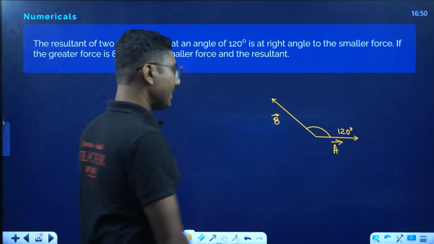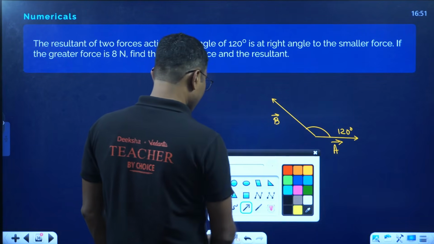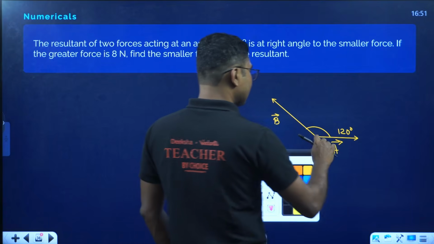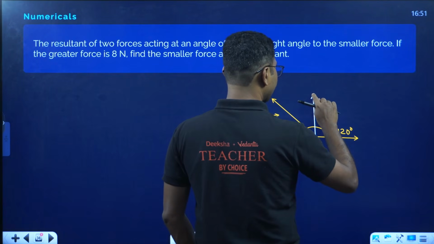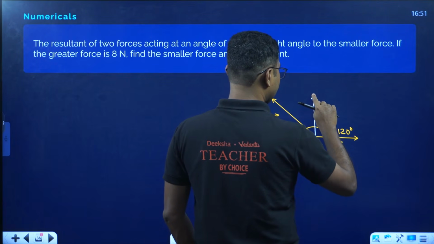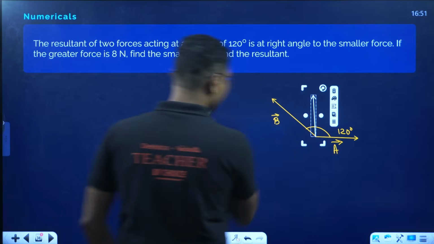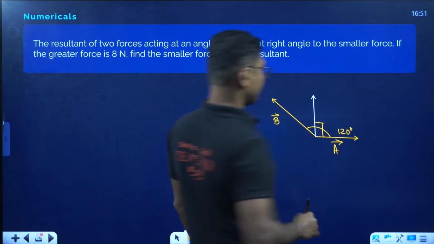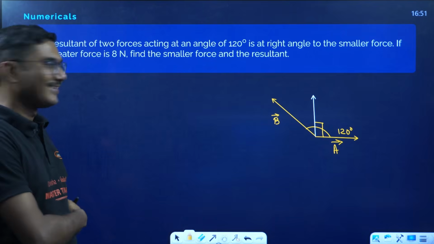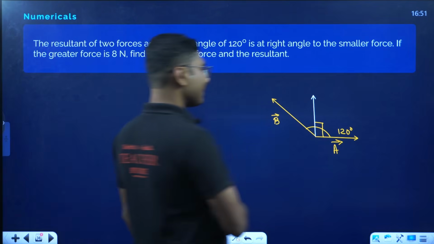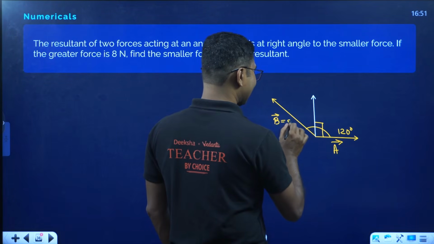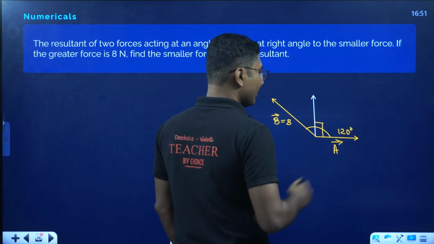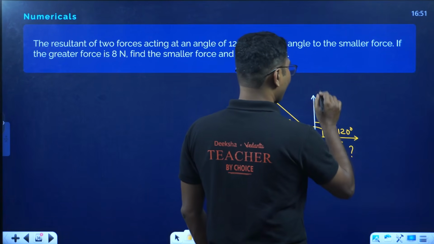Now it is mentioned that the resultant of these two vectors is at 90 degrees with the smaller vector. What does that mean? That means this angle is 90 degrees. And they are asking you, this is given as 8 units. What is this value?